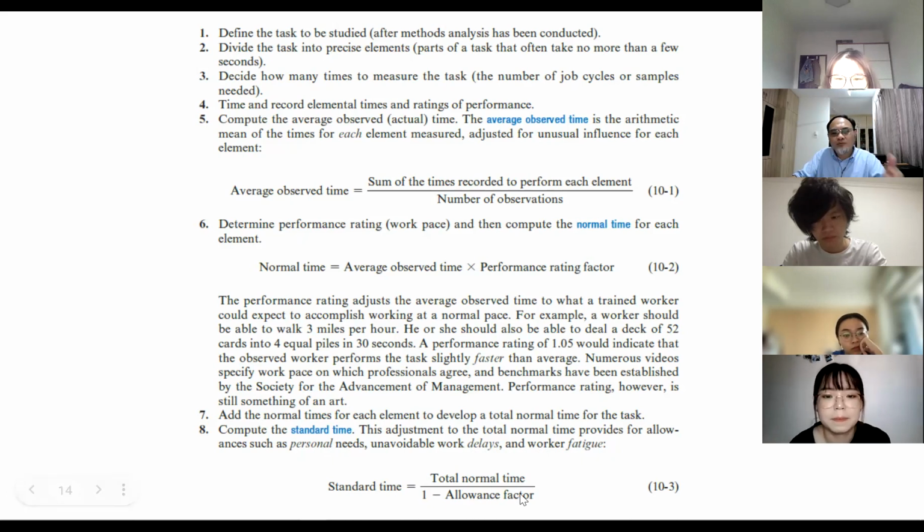Why? If the worker works in a very hot environment, and you don't give that allowance of an additional 10% of the time, he won't be able to recover and will just fatigue, right? So that's why we give the allowance.